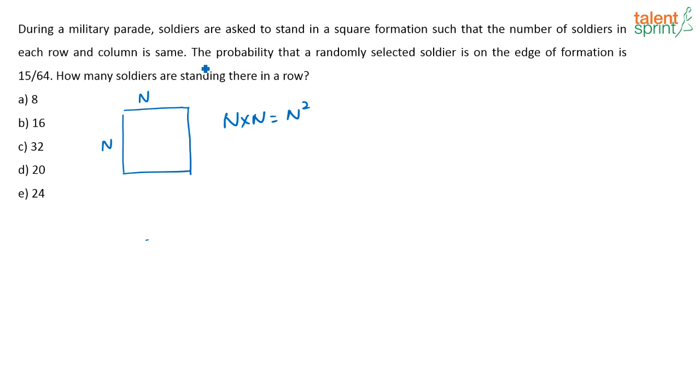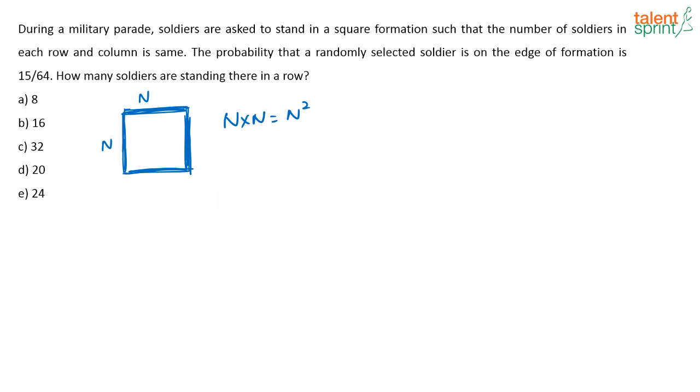Now, it is said that the probability that a randomly selected soldier is on the edge of the formation is 15 by 64. So, if I am selecting a person out of these n squared people, the probability that I get a person who is standing in any of these four sides, any of these four edges, is 15 by 64.